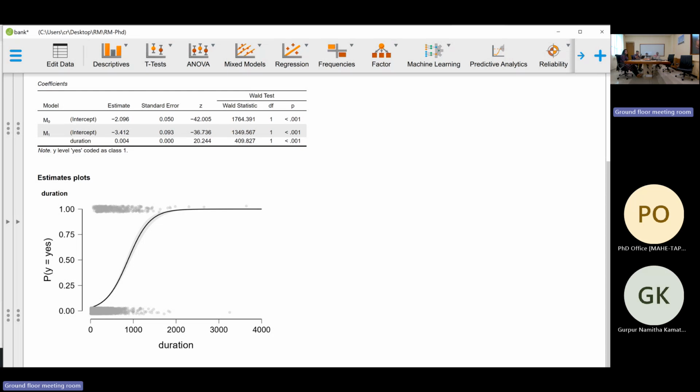There is one first. So you see the dots there, right? It's just the projection of the curve, suggesting that if you are following the logistic regression model, okay, see, there are many people around here. Okay, there are some people who have got convinced.